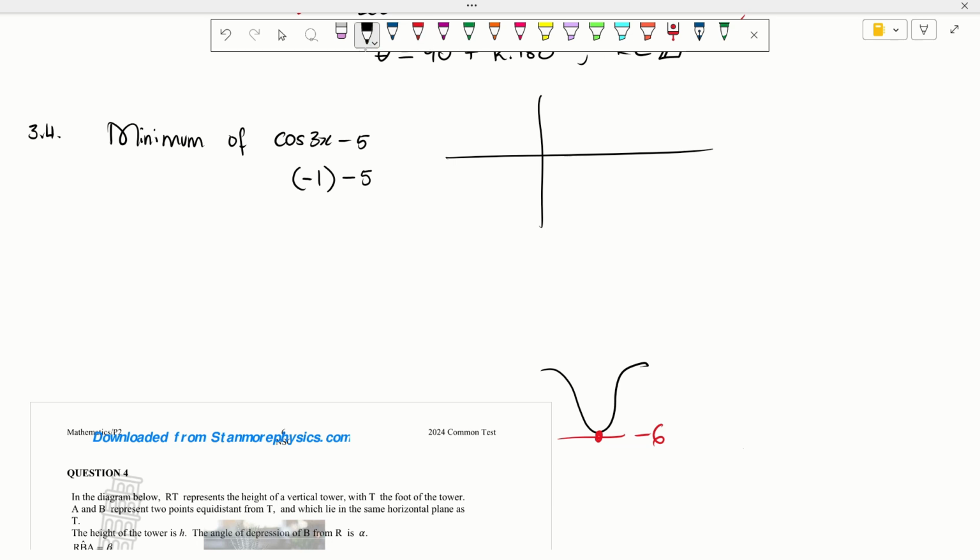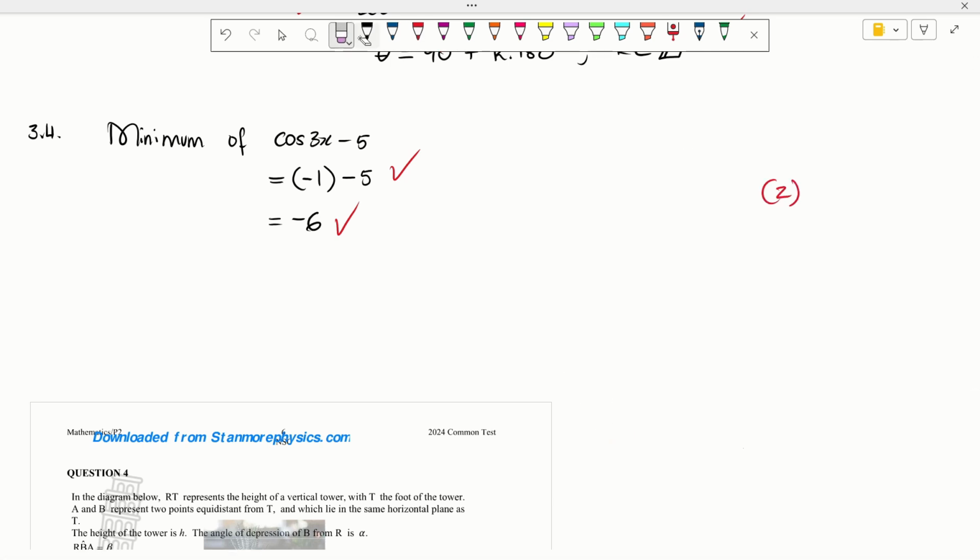Or I just literally have to take -1 minus 5, and that gives me -6. -6. And that's the minimum. So you get a mark for that, you get a mark for that. 2 marks in total. Pretty simple. Looks like a give and go for me. But you have to understand the basics of trig functions. Okay, so that's the minimum of cos 3x minus 5.